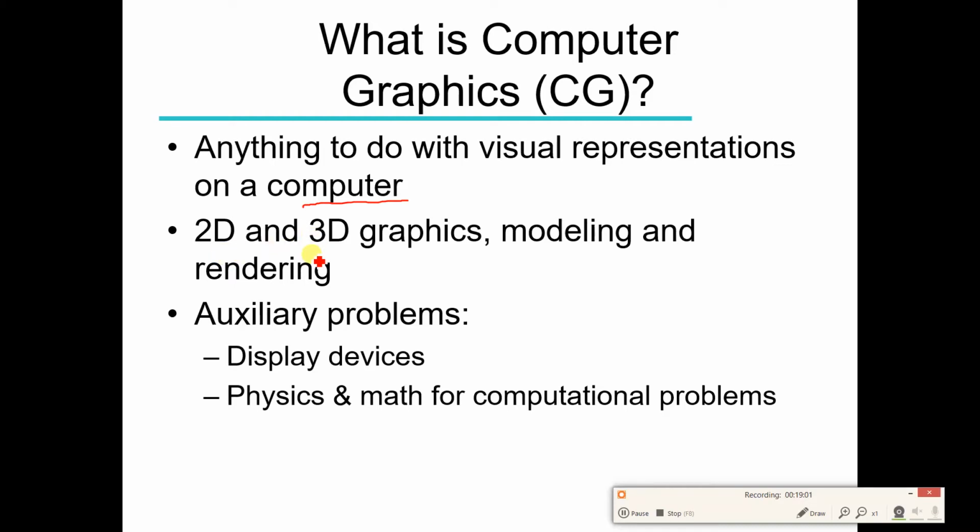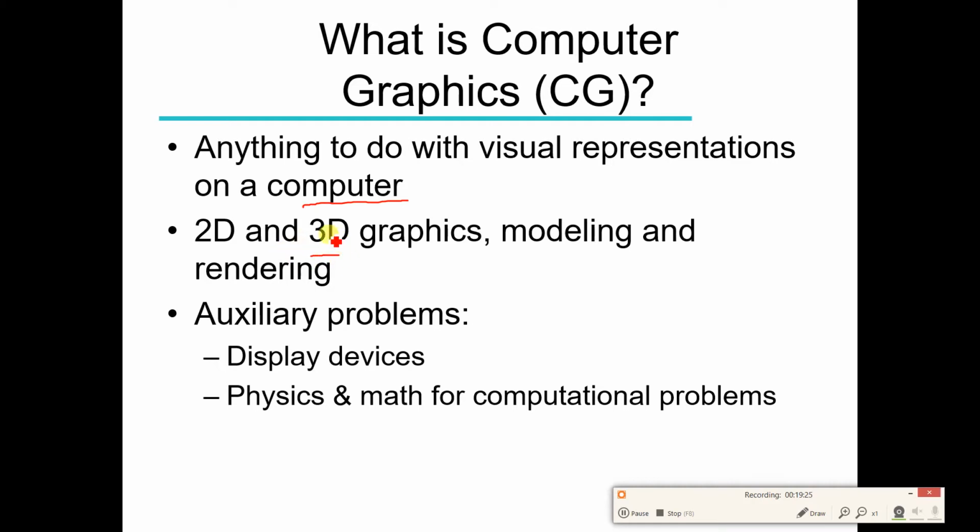We are also going to discuss three-dimensional, which is much harder, because we have to perform some kind of projection. The real world is 3D, and when we are modeling some object of the real world, first we model it in three-dimensional space, and then we project it onto the two-dimensional computer screen.